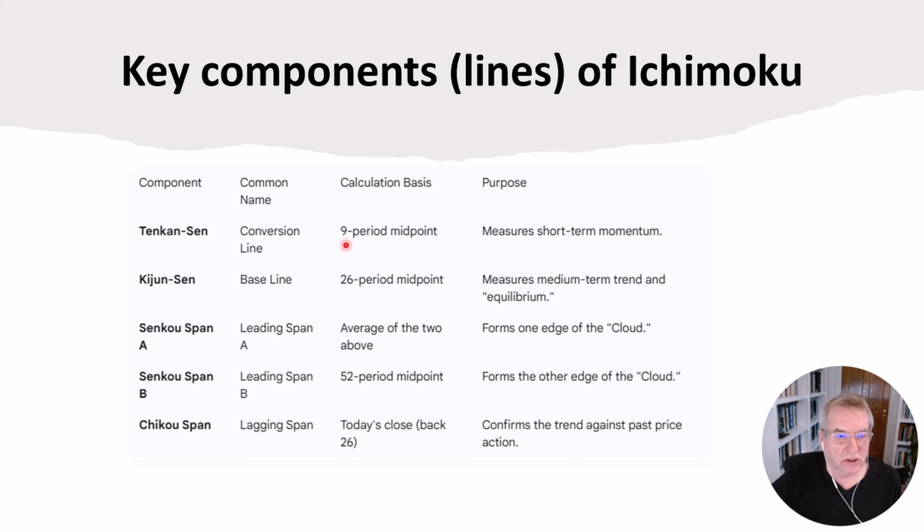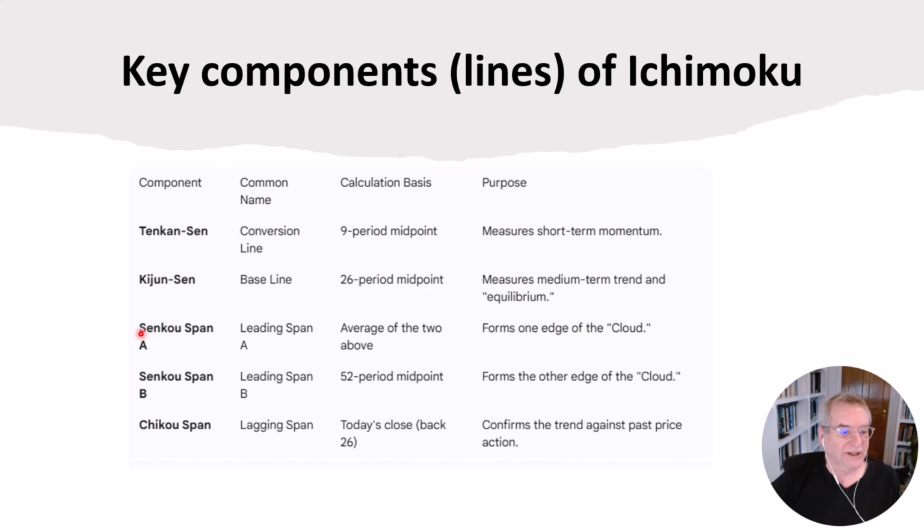And what that does is it looks back on the previous 9 periods. It takes the highest high and the lowest low and then calculates the midpoint, so over a 9-day look back period. The Kijun Sen, also called the baseline, does the same idea but now looks back over a 26 period.